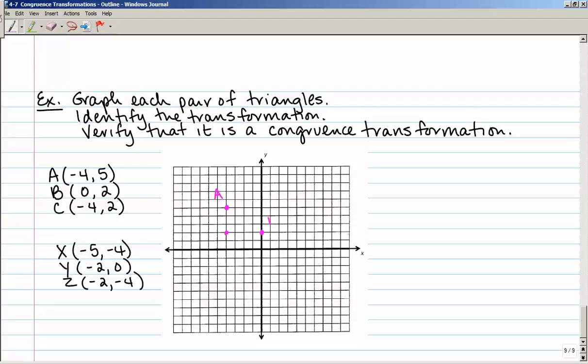So that's A, B, and C. And X is -5, -4. Y is -2, 0. And Z is -2, -4. So let's see, this one was X, this is Y, and this is Z.